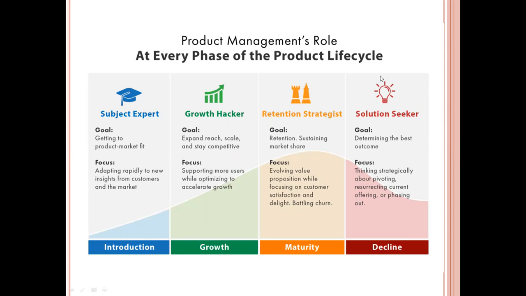We also have development, testing, launch or commercialization, and evaluation. For the product life cycle, we have the introduction stage, the growth stage, maturity, and the decline stage.